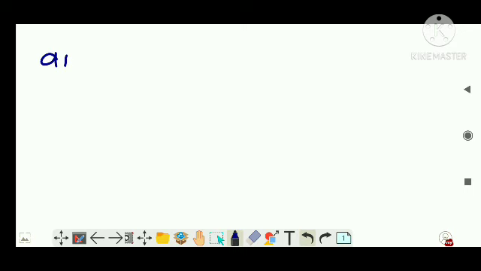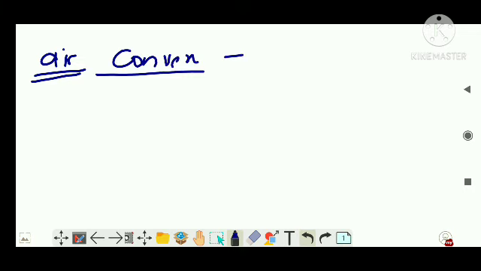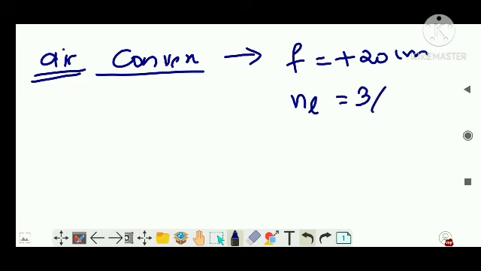Write the parameters. We'll first consider the air condition. In air, this lens was a convex lens, and I told you in a convex lens the focus is always positive. So 20 is written as plus 20 centimeter. Now we are given the refractive index of the lens as 3 by 2 or 1.5. And the medium is air, hence the medium has refractive index 1. Just write the lens maker's formula.